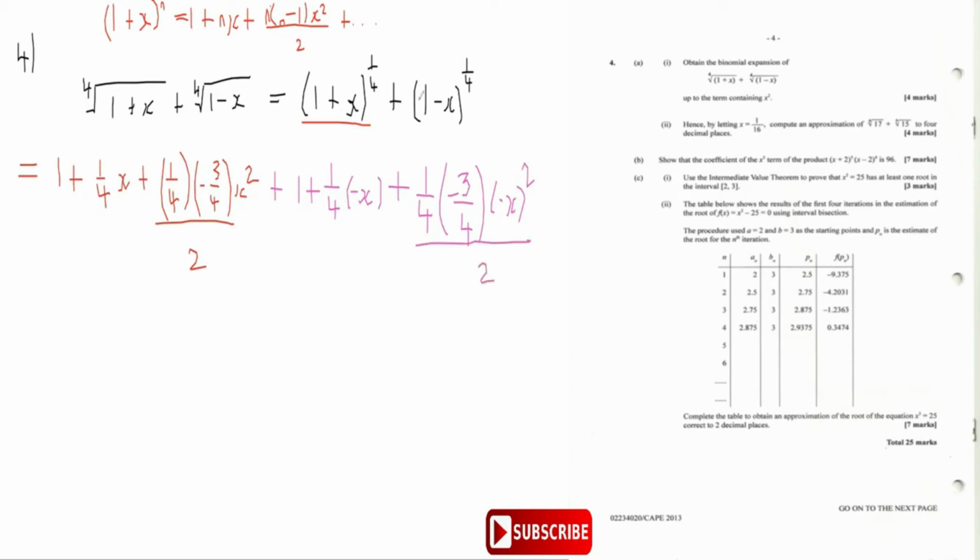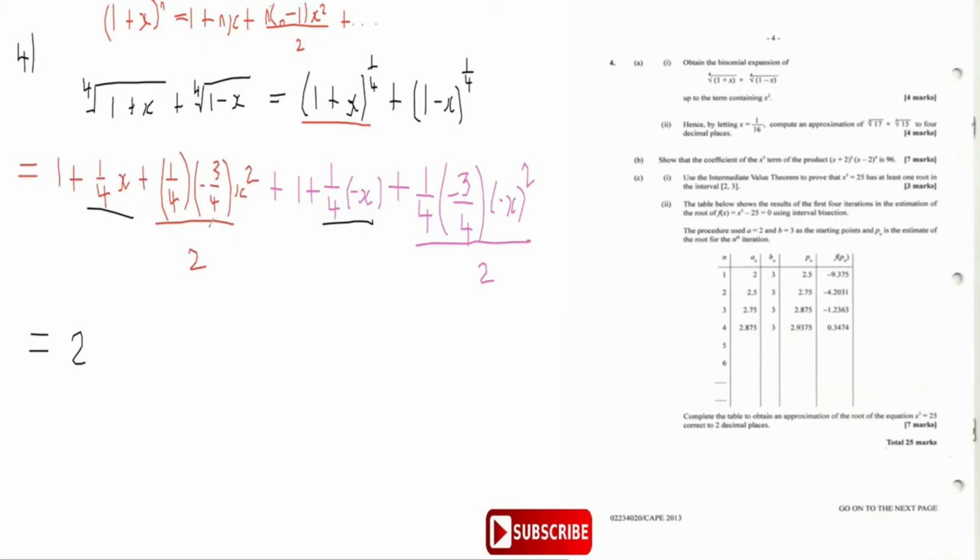Okay, nice. So let's work this out. 1 plus 1 is 2. A quarter x plus minus a quarter x cancel. And then what is this simplifying to be? A quarter times minus 3 over 4 divided by 2.